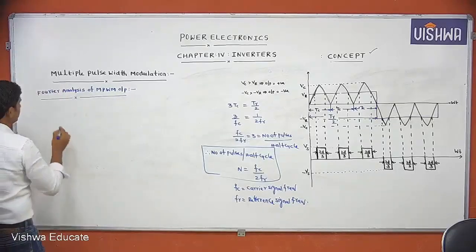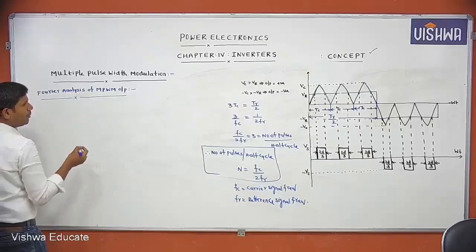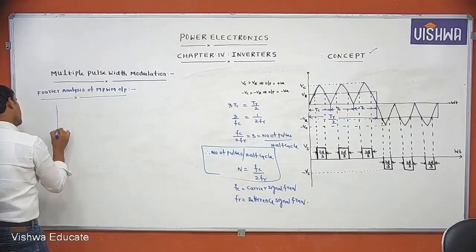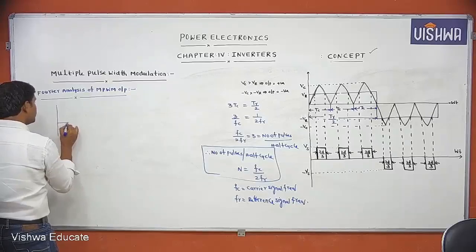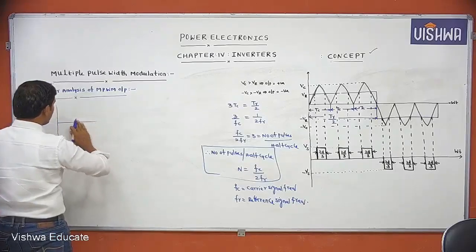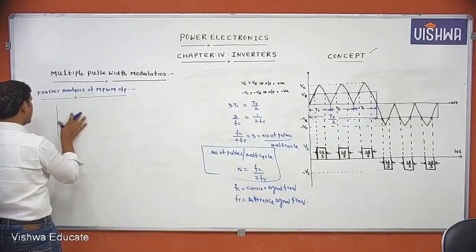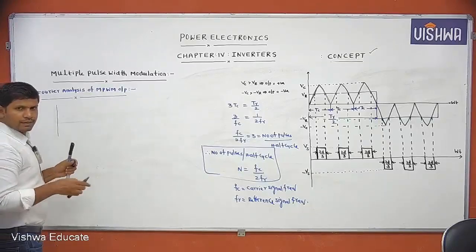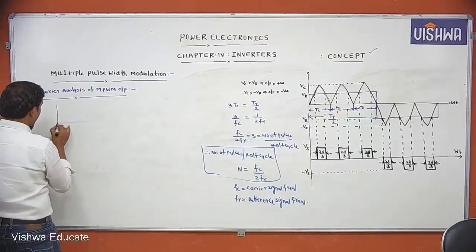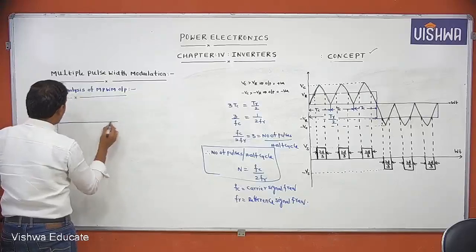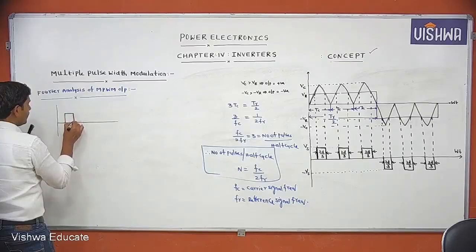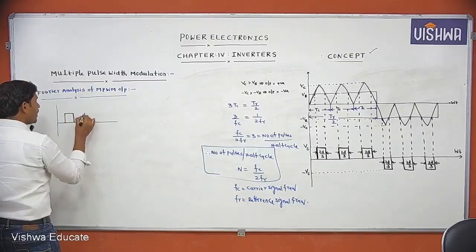Let us consider this is a multiple pulse width modulated output, taking any number of pulses. How many pulses per half cycle? 3 pulses per half cycle.